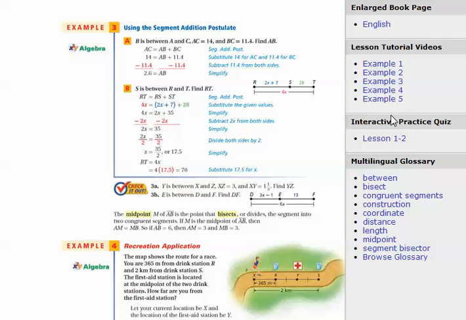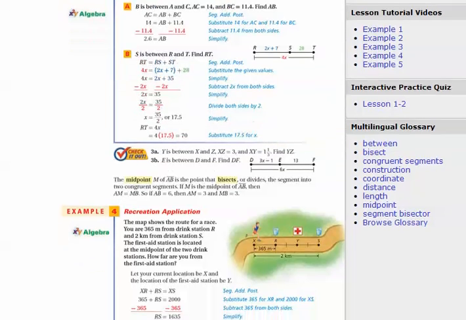You can use that postulate with problems like this, and they throw in a little algebra here. If you don't quite understand the process of solving some of this, please let me know and I can help you out, because they do use some variables and different algebraic expressions and equations.